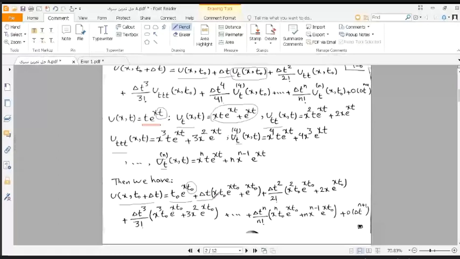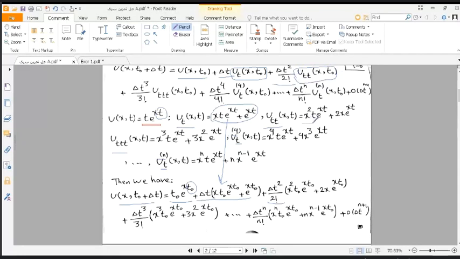We should write this term with T0 instead of T. For the third expression, we have delta T2 over 2 factorial, and we write delta T2 over 2 factorial, and the u_TT of X and T0.